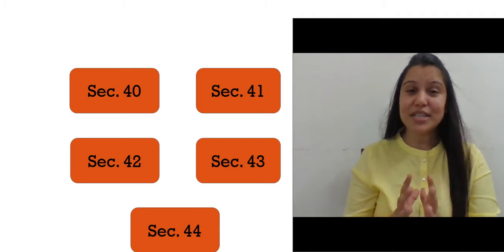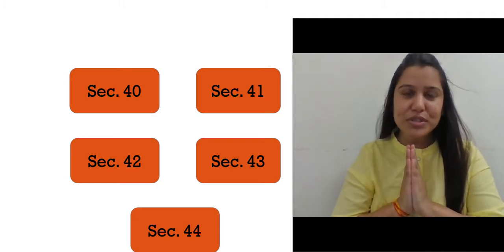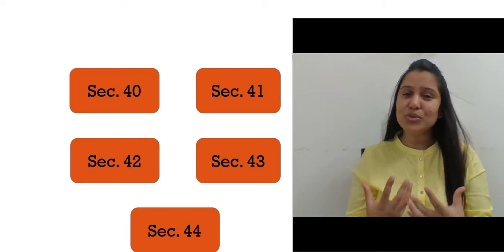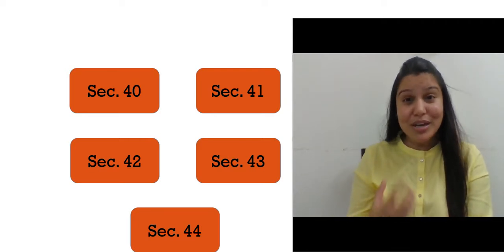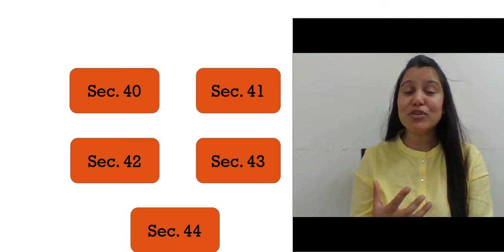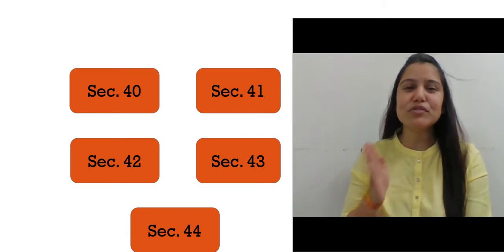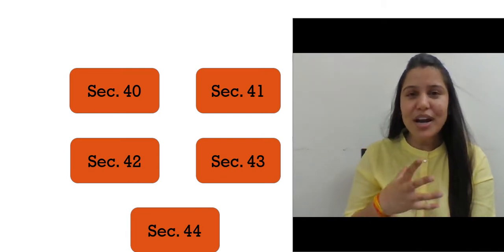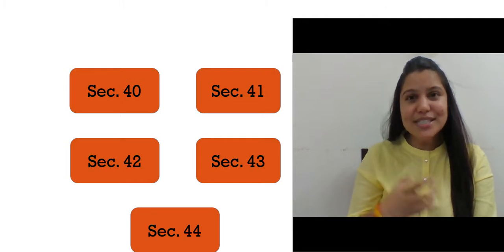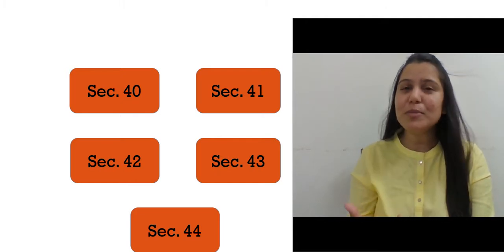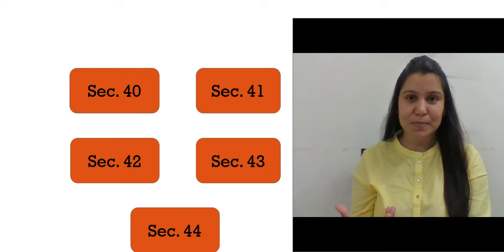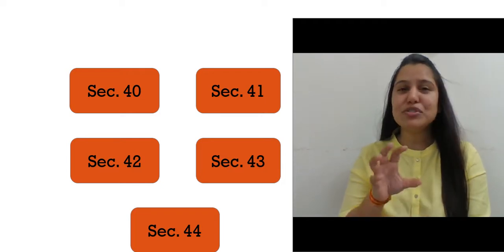Before moving on to this very point, I would like to tell you one fact: relevancy is basically defined from section 5 to section 55. These sections talk about the relevancy of different points under different sections, and one of them is relevancy of judgments.